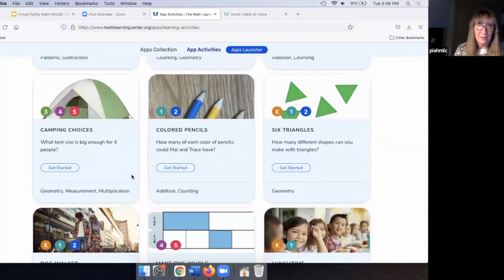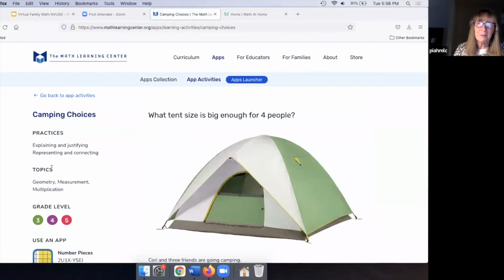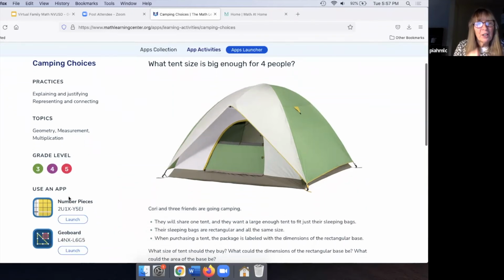I love that idea of thinking about how big should my camp tent be, right? Because a lot of times they're thinking this will be really tight. You can also take advantage of some of the situations that have already been set up on one of our apps.